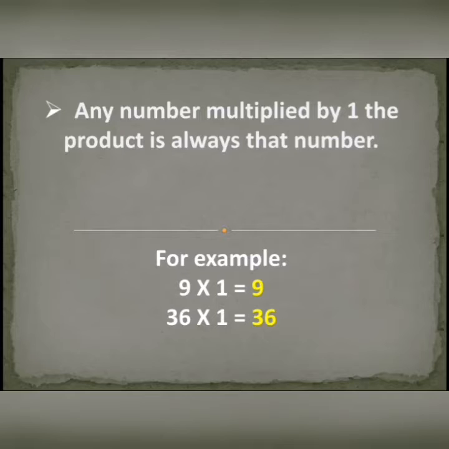For example, 9 times 1, the answer is 9. 36 times 1, the answer is 36. 1 million times 1, the answer is 1 million. So that's how easy it is to multiply a number with 1. Any number we multiply by 1, the product is always that number.